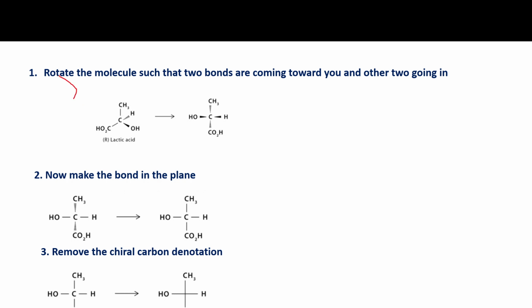First you have to rotate the molecule in such a way that two bonds are coming towards you and the other two are going in. If you rotate this molecule so that the OH and hydrogen are towards your side, how do you rotate? You rotate this molecule this way.